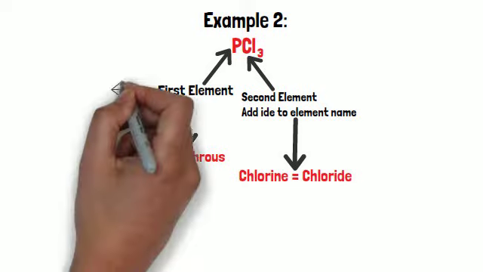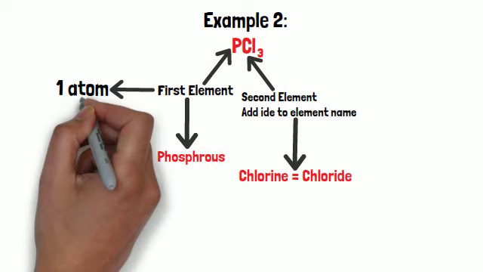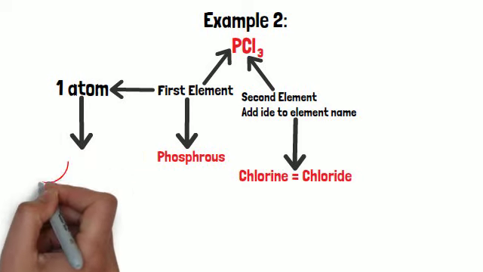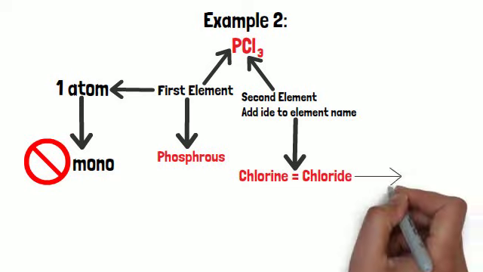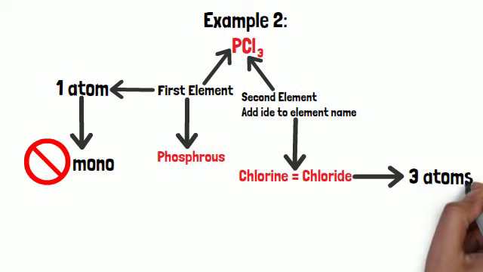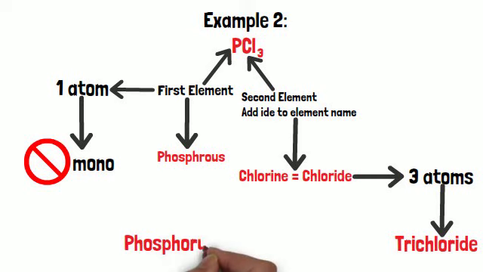But keep in mind that we only have one phosphorus atom, so we're not going to add the prefix mono to phosphorus. But we do have 3 chlorine atoms, so chloride becomes trichloride. Putting all of that together, the name of the compound PCl3 is phosphorus trichloride.